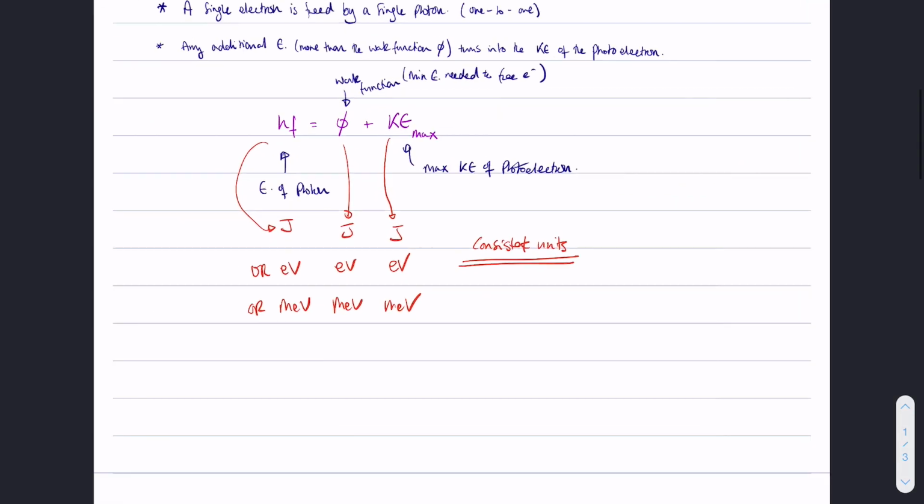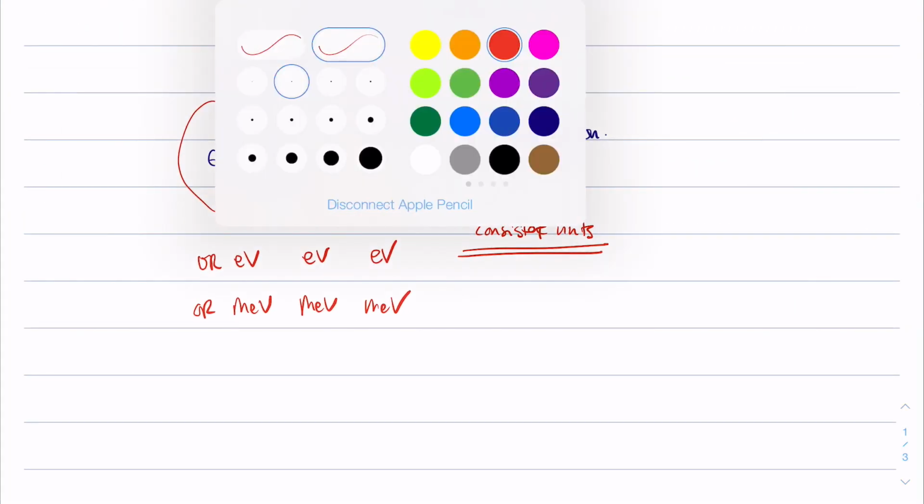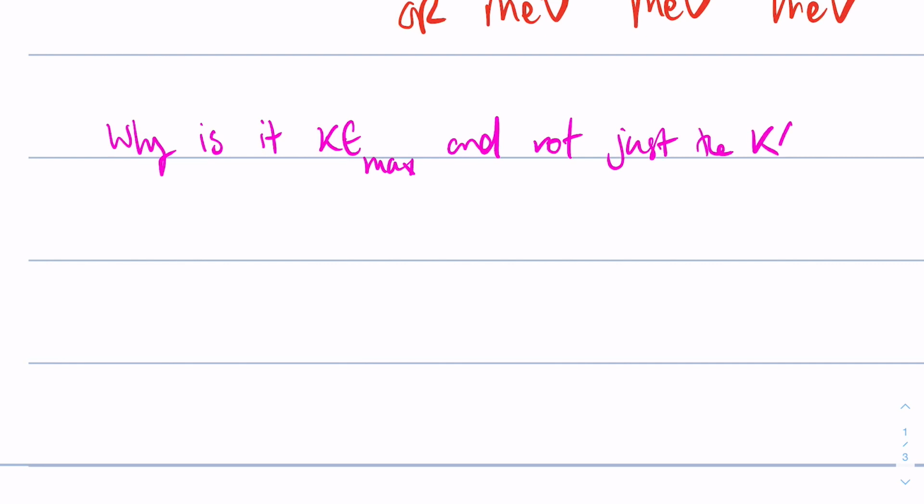And so the question may arise, why is it kinetic energy maximum and not just the KE? That's because most of the electrons need slightly more energy than the work function to free them, due to interactions with the other particles in the metal, i.e. the other ions.